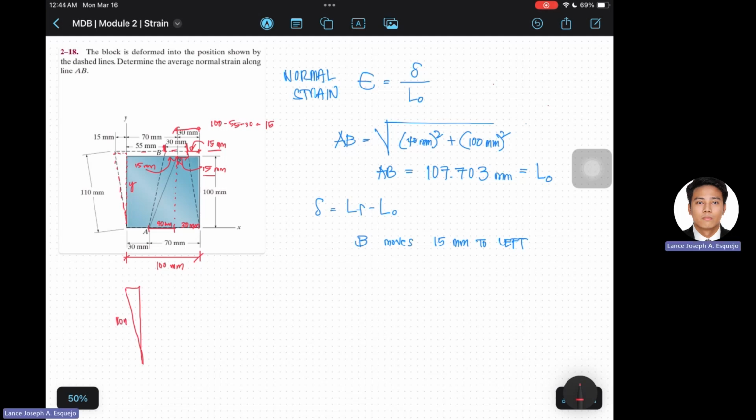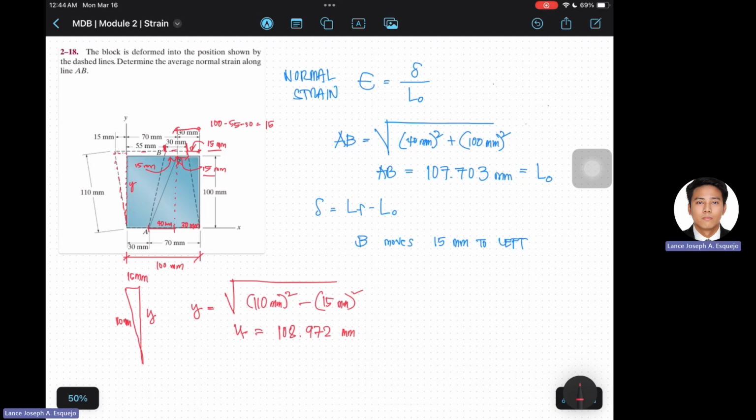So this is 110 millimeters, and then this is 15 millimeters. So y here becomes equal to the difference of the squares, no? So 110 millimeters squared minus 15 millimeters squared. So y becomes 108.972 millimeters.